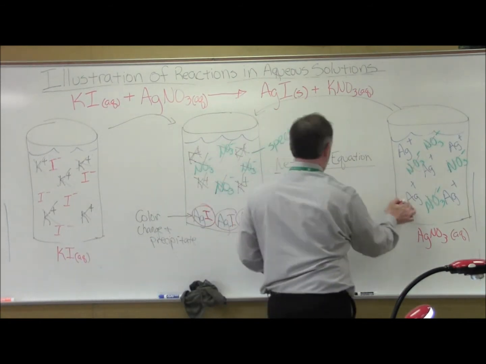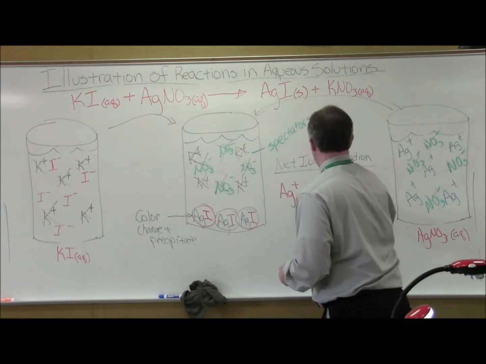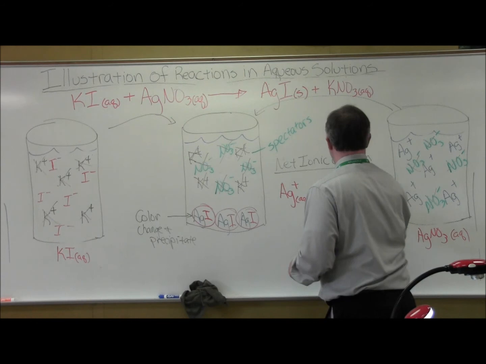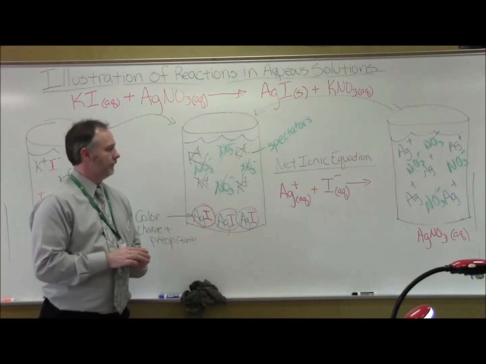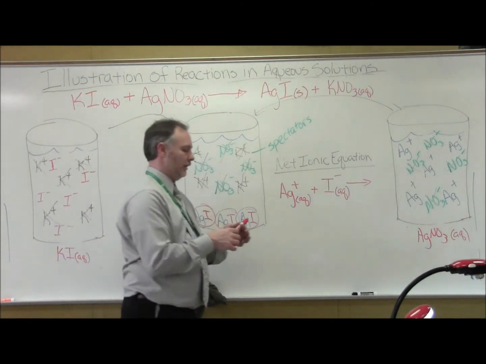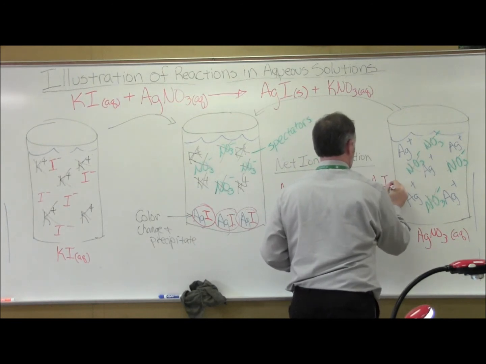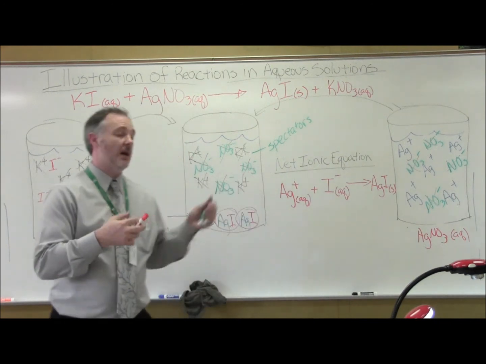My iodide right there, also dissolved in a solution. In that form, AgI, and you guys were exactly right, the state of matter is solid. There's my net ionic equation.